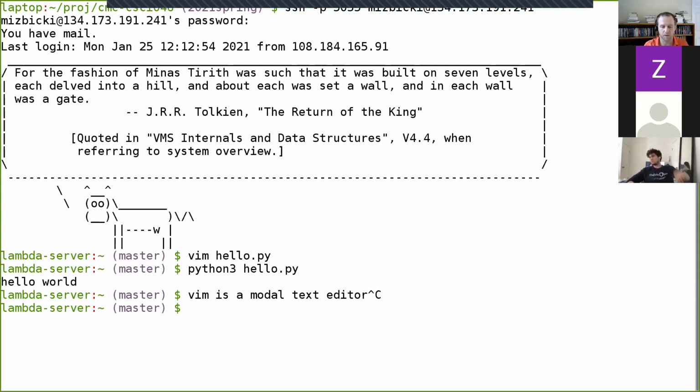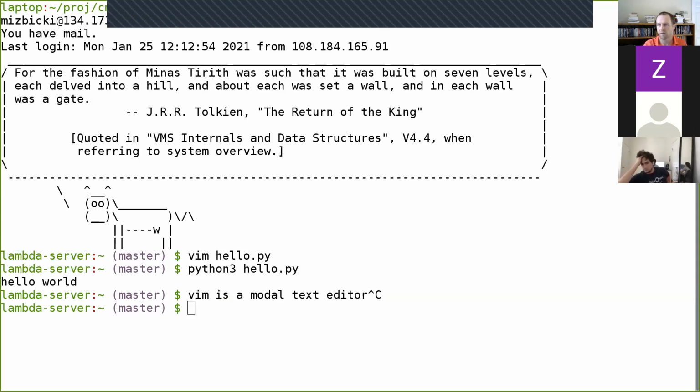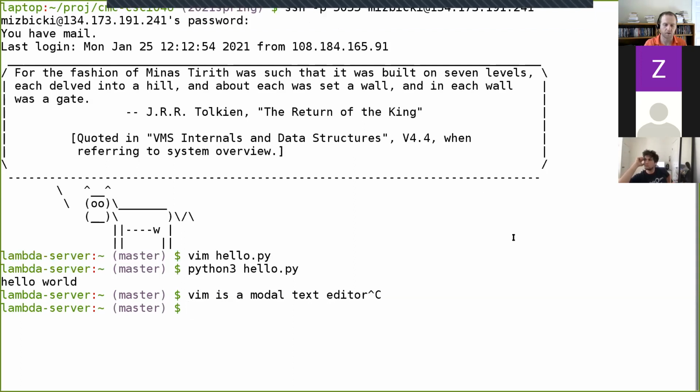What that means is that when you open up Vim and start typing, the things you're typing don't directly appear on the screen. Instead, Vim is a set of commands, and you'll have to learn the Vim language in order to get the things you're typing to appear on the screen.